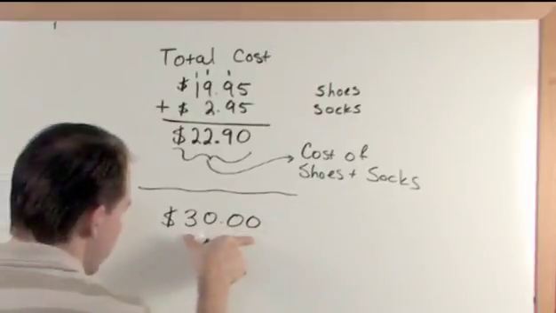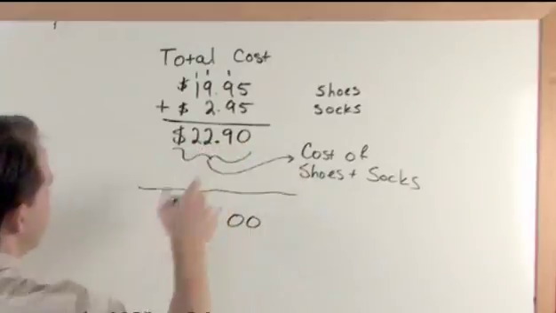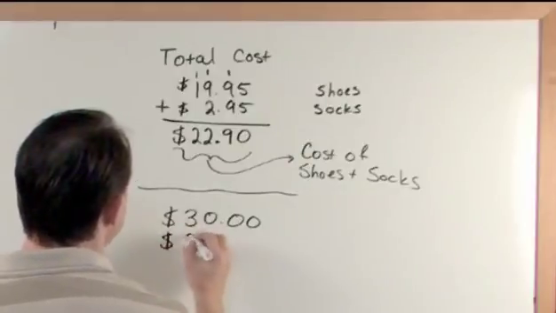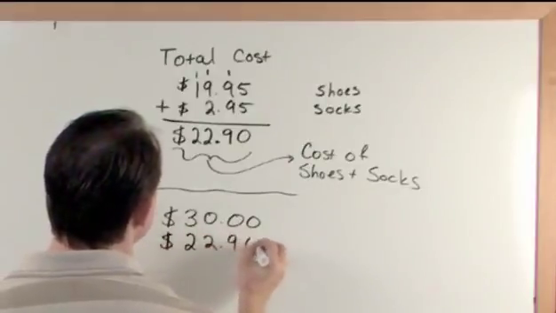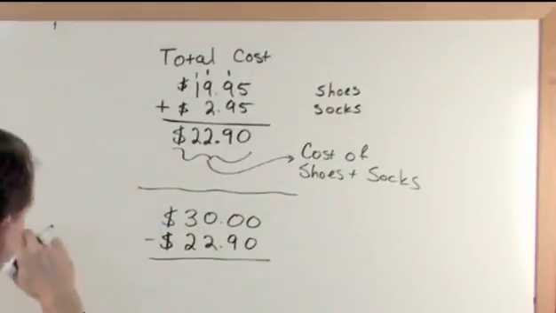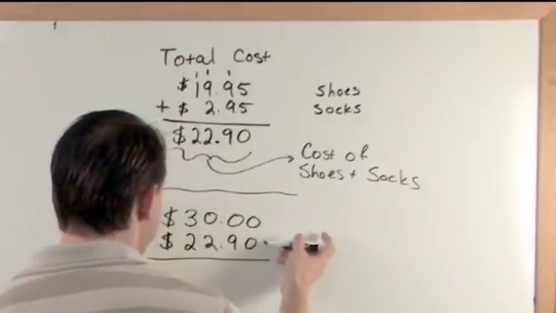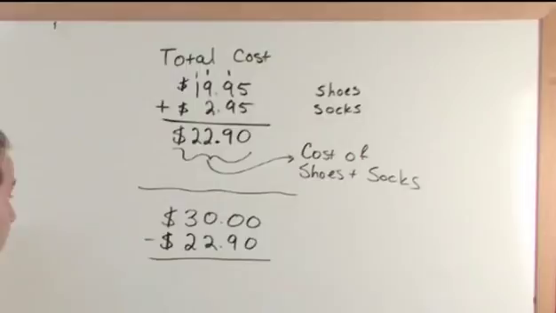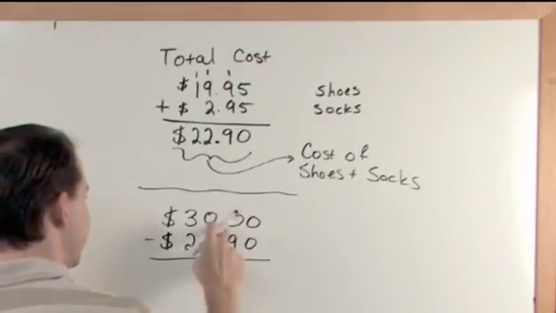So if we subtract the $22.90 that we actually owe her from the $30 we give her, the difference is the amount of change she hands back. Anytime you're asked to find change, you're going to have to subtract how much you owe from how much you give, because that's how much stuff you bought. So all we have to do is subtract these two numbers, and then we know how much change we'll get back. Notice I line the decimals on top of each other. That's very important.